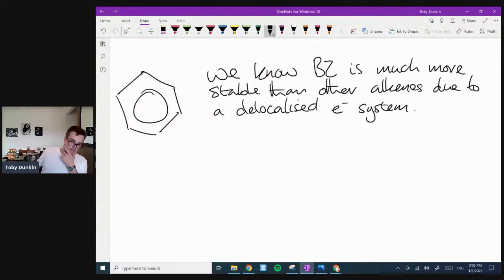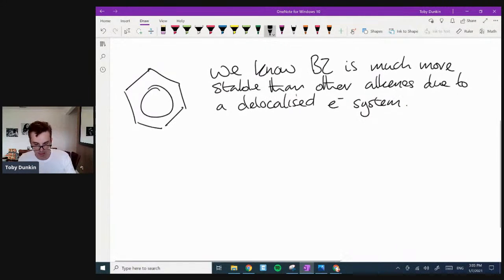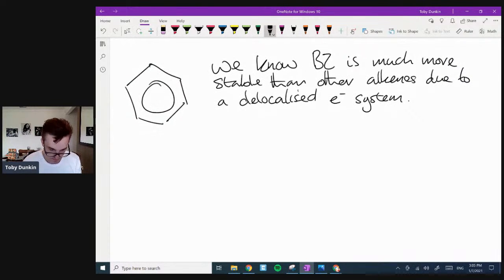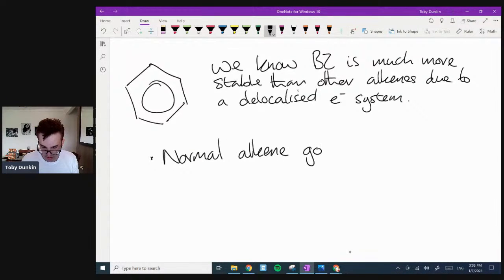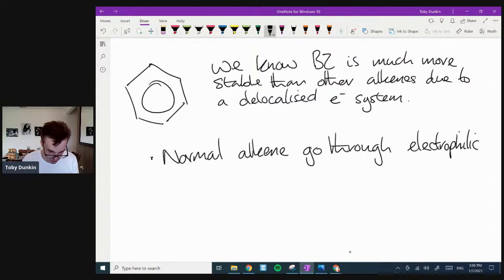We know benzene is much more stable than other alkenes due to a delocalized electron system. Normal alkenes go through electrophilic addition.